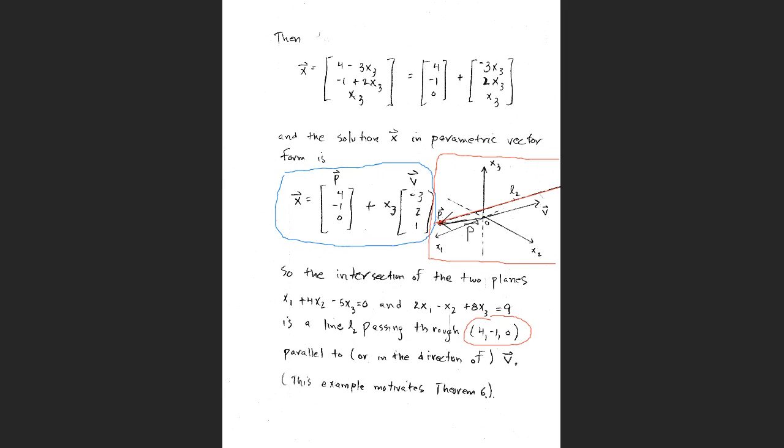So let me ask you here: this blue point here, what is x3 equal to? What's the value of the parameter for that blue point on the line L2?